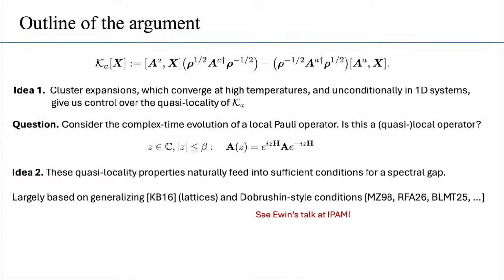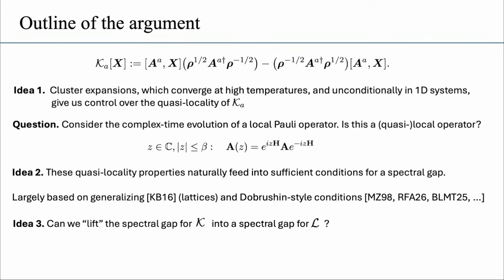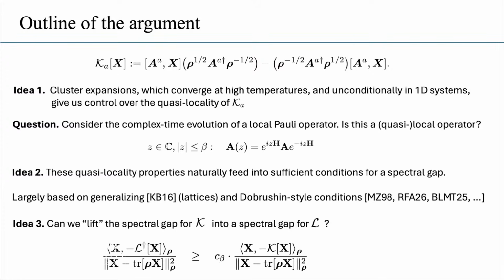Finally, to answer Dorit's question, the last step of the argument is to say, look, this new Lindbladian is not physically implementable. Can we argue that a spectral gap for this object can be lifted into a spectral gap for the original dynamics? And the way this is done is by comparing their Dirichlet forms in PSD order.